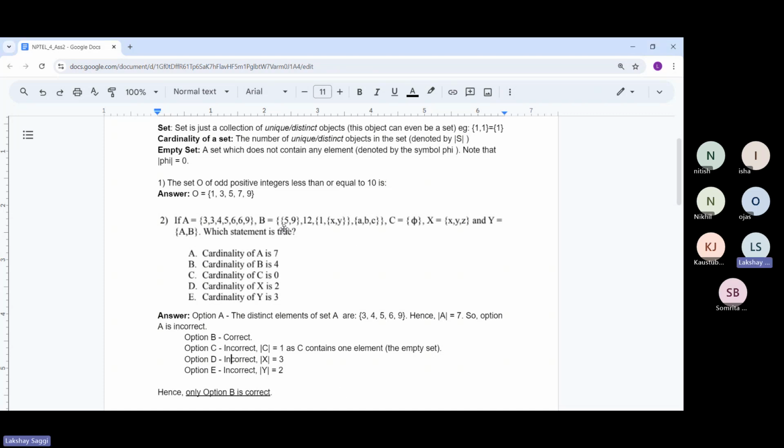One of the elements of the set B is this set {5, 9}. The second element is the number 12. The third element is the set which contains 1, x, y. And the fourth element is the set {A, B, C}. So phi is not an element of B. Okay, Ojas and Nikhil are typing something in the chat.